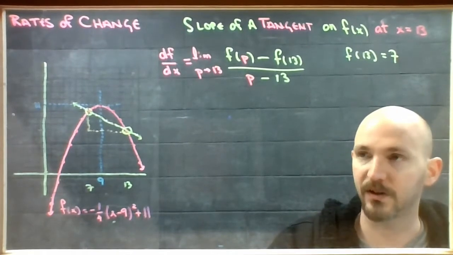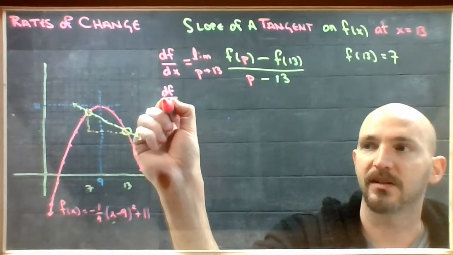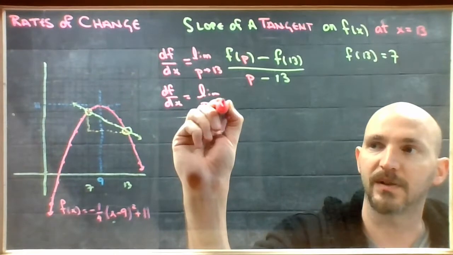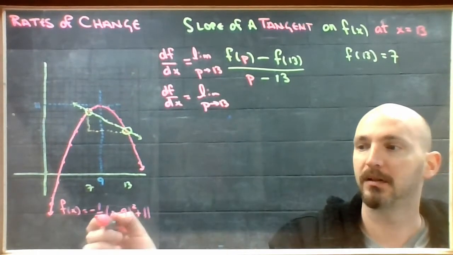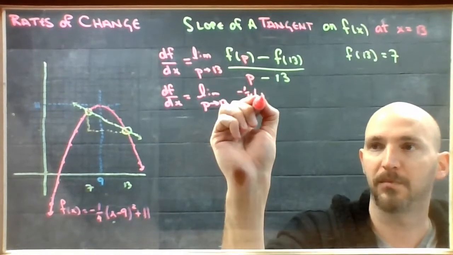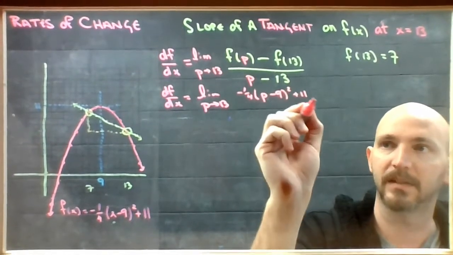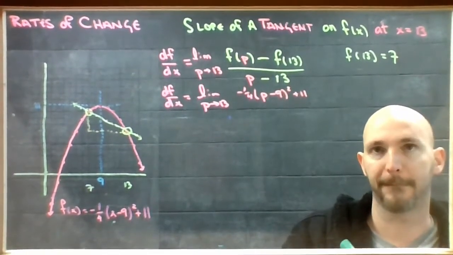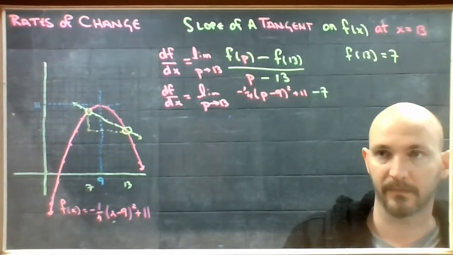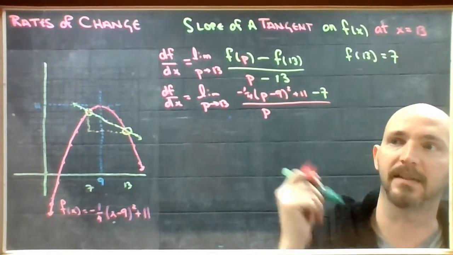So my function here then, slope of my tangent at that point is the limit as p goes to 13 of minus 1/4 (p minus 9) squared plus 11 minus 7 over p minus 13.